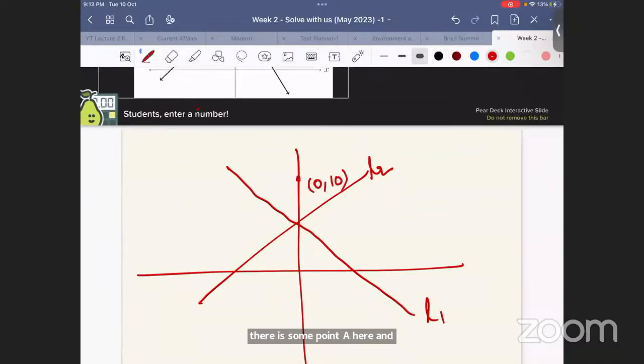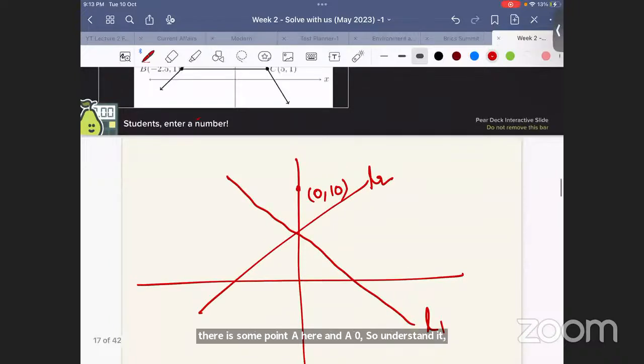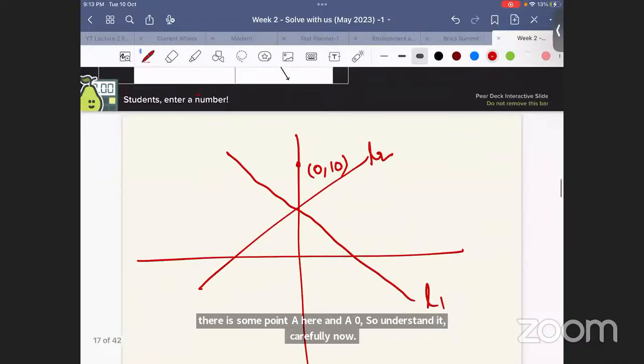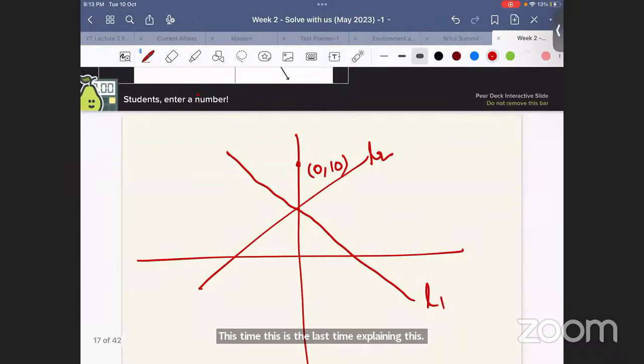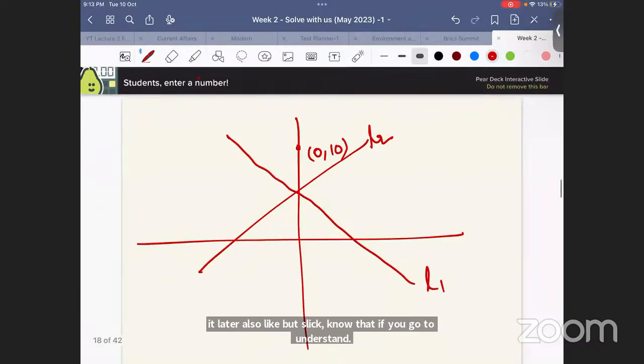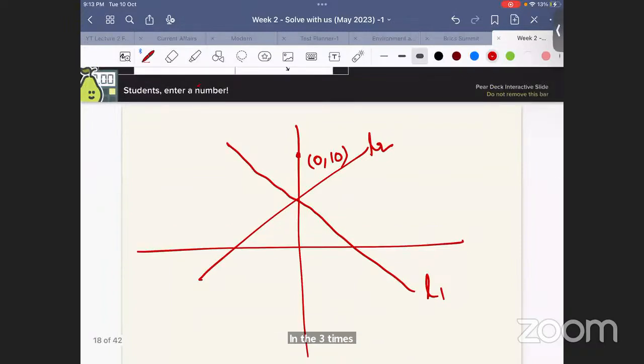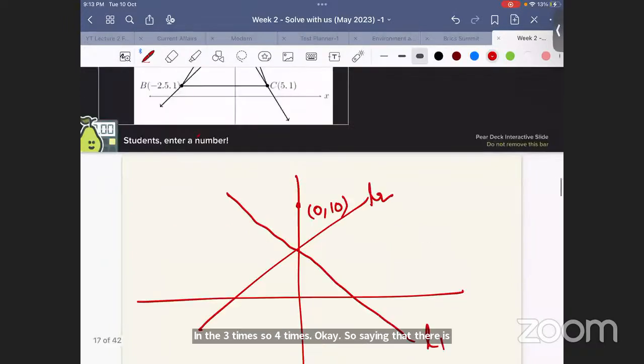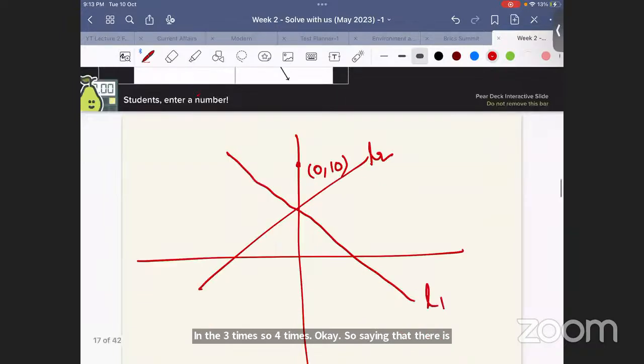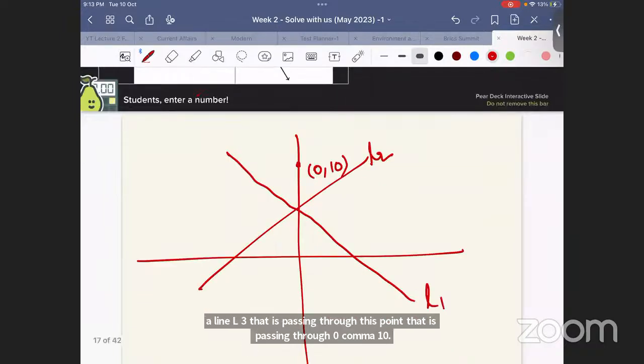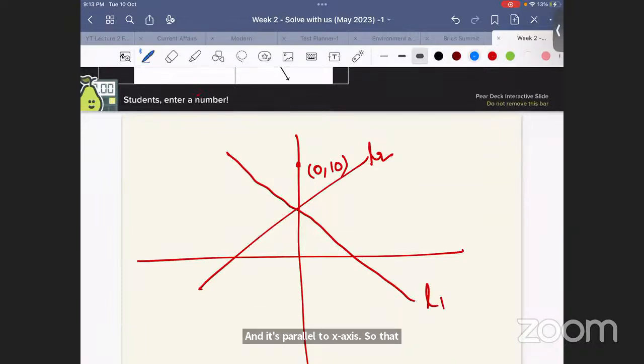So understand it carefully now. This is the last time explaining this. I explained it earlier also, but it's not that difficult to understand in 3 or 4 times. So there is a line L3 that is passing through 0, 10, and it's parallel to the x-axis. So that line will be something like this, correct?